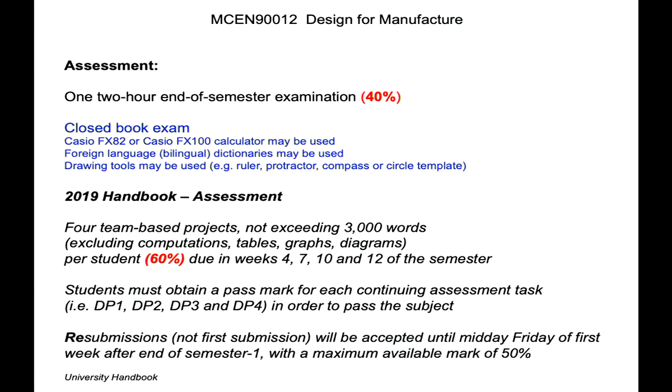60% for the assignments, that is DP 1, 2, 3 and 4 are each worth 15%. They're all equal. And as per the rules of the university, you've got to pass them all to pass the subject. It's in the handbook. There's an opportunity for extension for a person who, to be blunt, loses a bit of motivation or focus and fails an assignment.